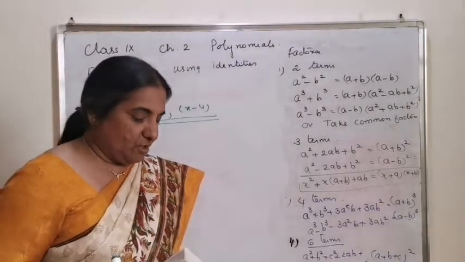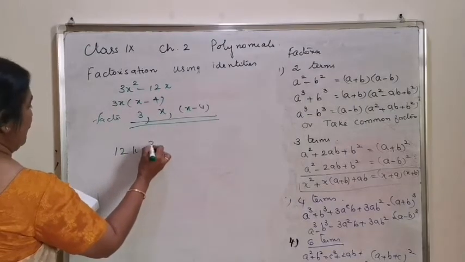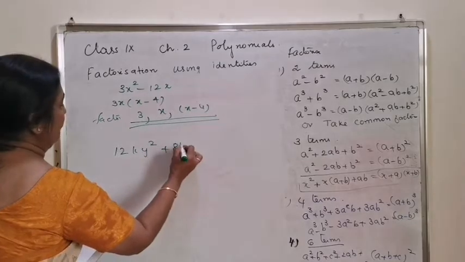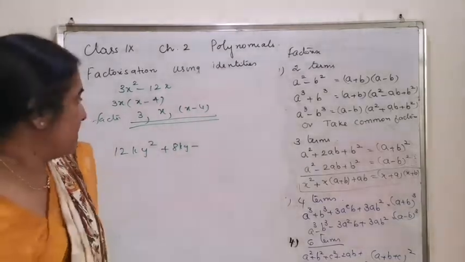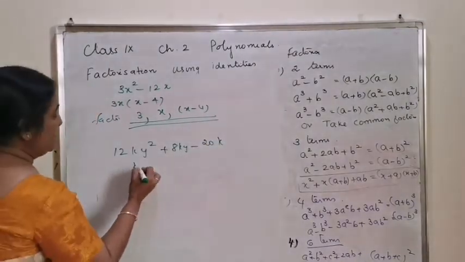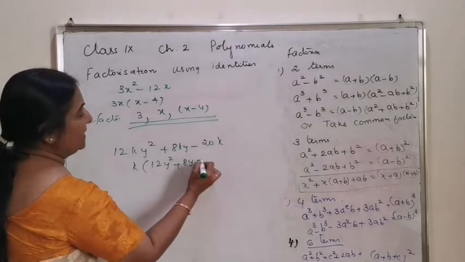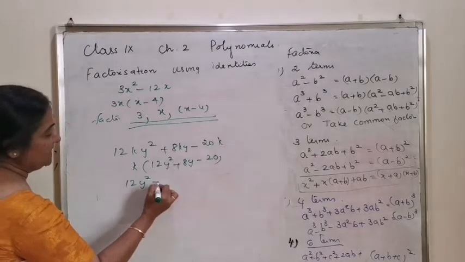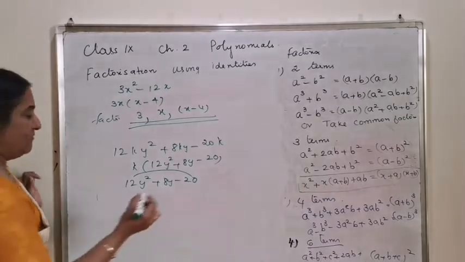The factorization of 12ky square plus 8ky minus 20k. The first factor is k, when you take the k outside: 12y square plus 8y minus 20. The 12y square plus 8y minus 20 can be factorized by splitting of the middle term.